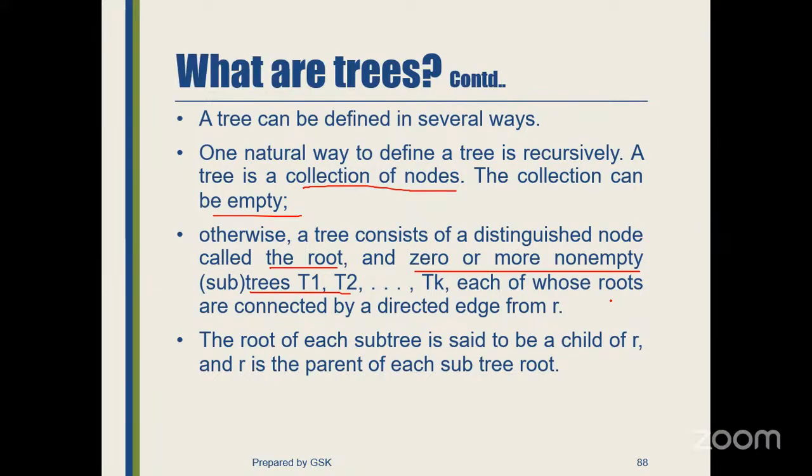And each of these roots is connected by a directed edge from R. So these non-empty roots, non-empty nodes, are connected to the root node with edges. This we may consider as another definition. The root of each subtree is said to be a child of the root node. The root of the subtree is a child of the main root, and R is the parent of each subtree. So we have, let us say, two subtrees, and R is the root for all the subtrees.